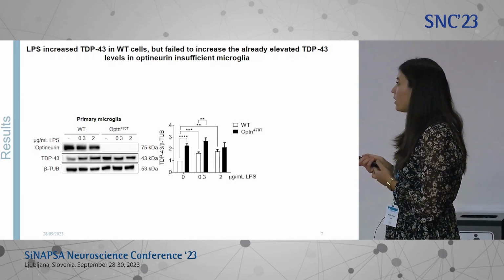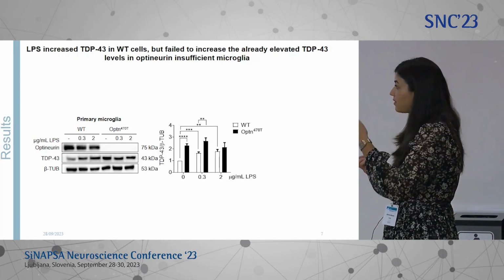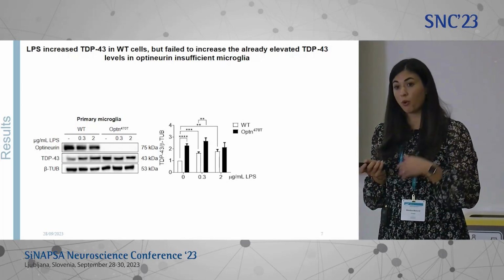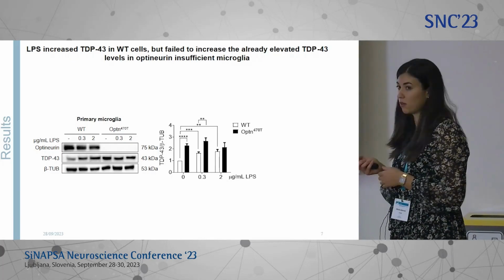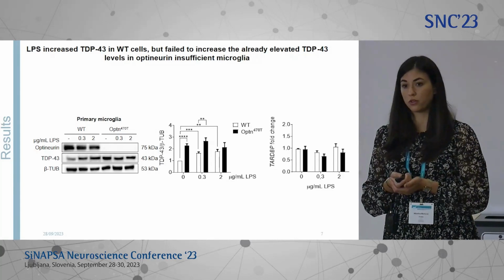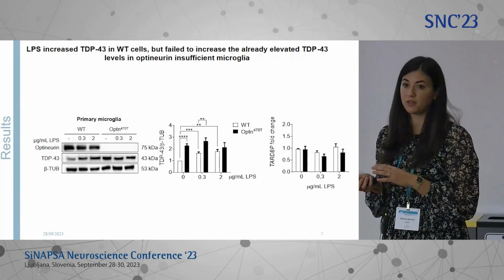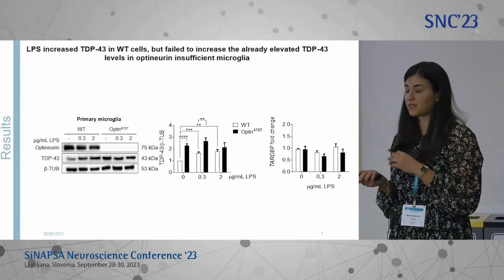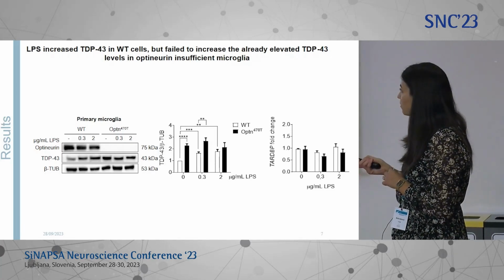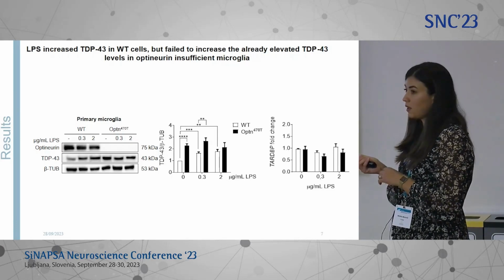But in our knock-in cells, TDP43 protein stayed at the same elevated state upon LPS as in basal conditions. We also checked mRNA levels, but could not see any difference here either. So our hypothesis is that maybe our cells are chronically activated, because upon LPS we did not see any additional accumulation of TDP43.